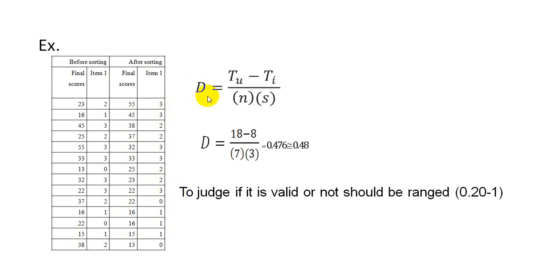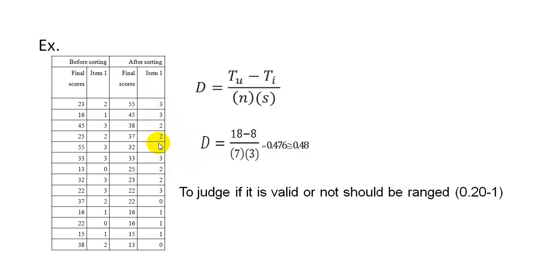Now the discrimination: the total of the higher group minus the total of the lower group. Here we have 14 scores, divided into two groups, the higher and the lower.